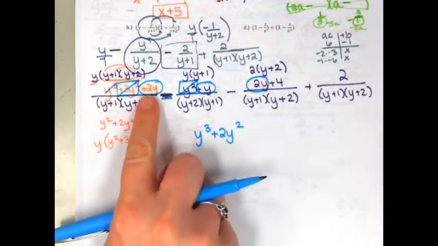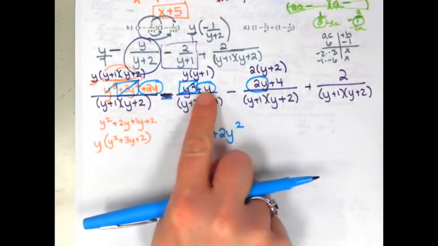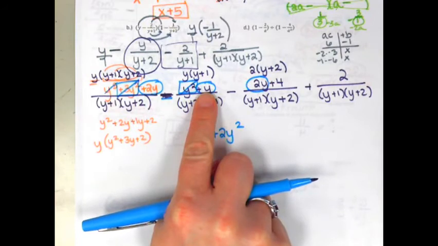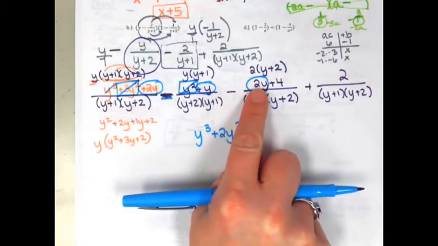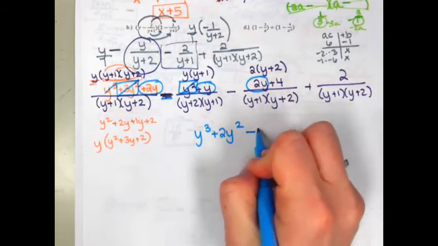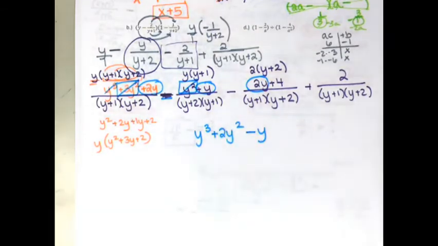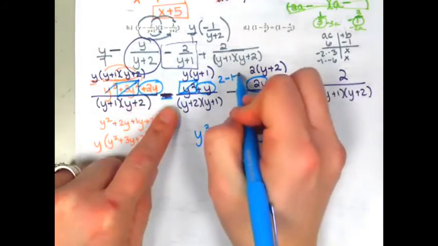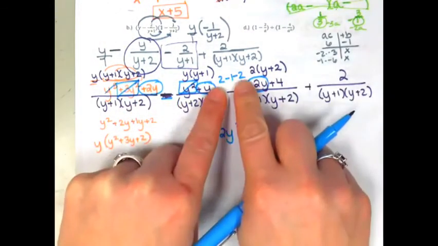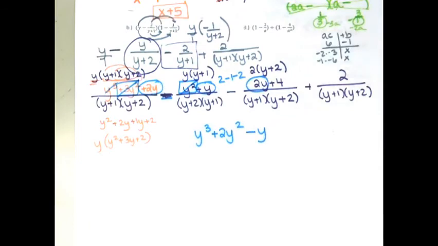So what's 2y minus y, and y minus 2y? What's y minus 2y? Y positive or negative y? Negative. Okay, because we have 2 minus 1 minus 2. So 2 minus 2 is 0, and then we still have that negative 1, right?